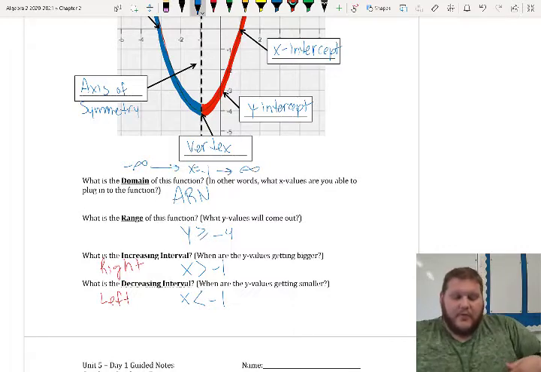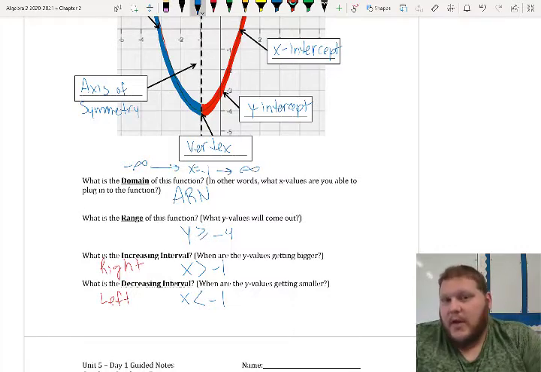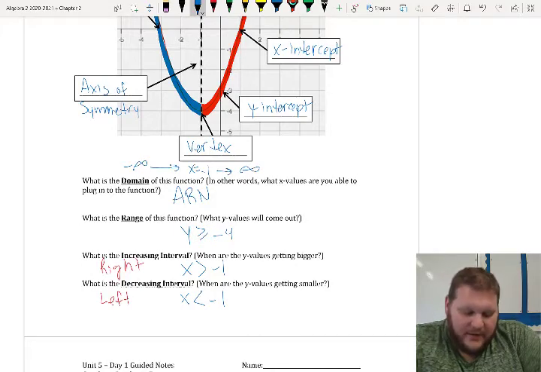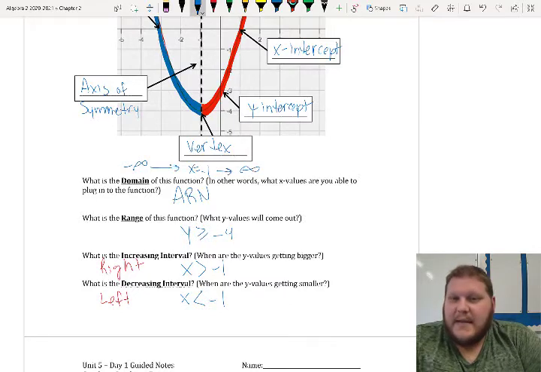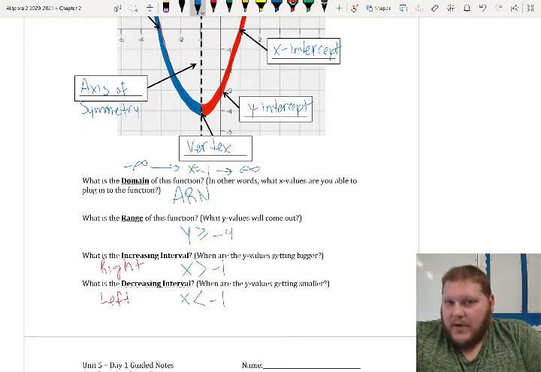Now, just like we had before, if you think way back to Algebra 1, when we were doing inequalities, if you follow this structure, if you keep the x value on the left side of your inequality and the x value of your vertex on the right side, the direction that the arrow of your inequality points is the side of the parabola you're trying to describe.